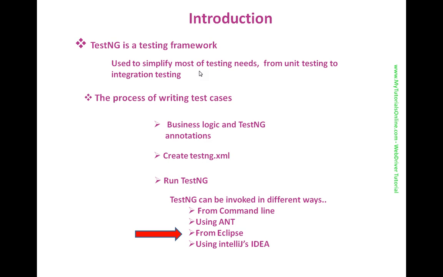To invoke TestNG from Eclipse, first of all we need a plugin for Eclipse. There is a TestNG plugin which can be used for Eclipse. First we have to install the plugin in your Eclipse. How to do that? First of all, open your Eclipse IDE. After opening it, you will see the Help menu item.